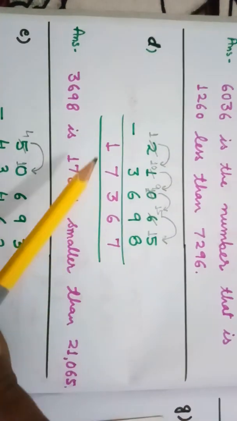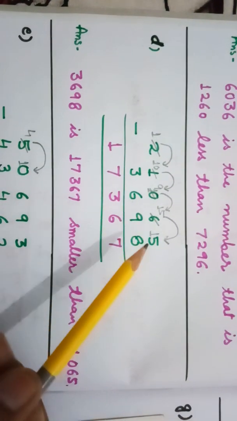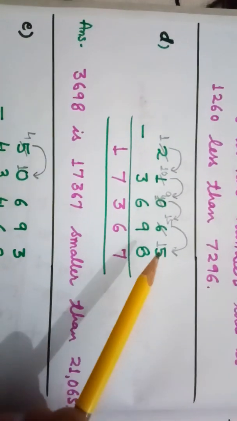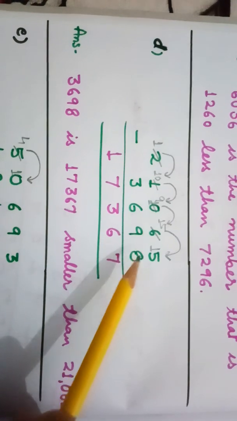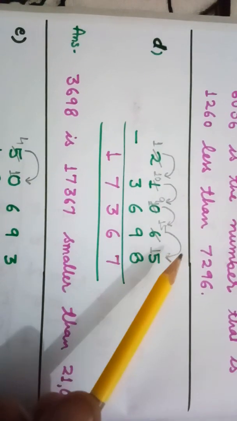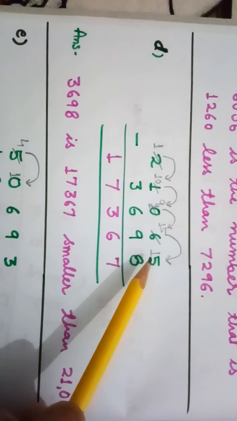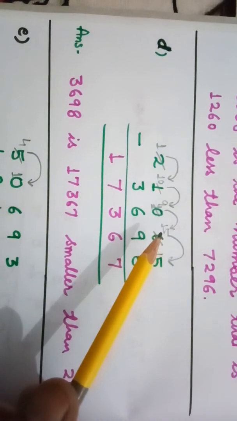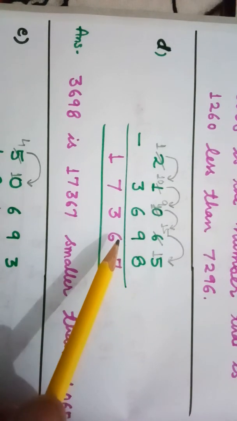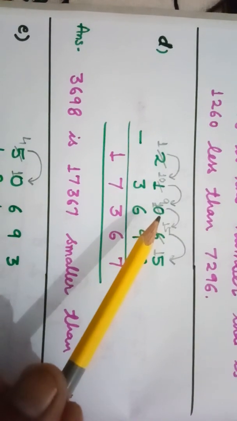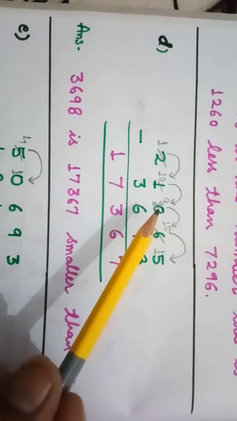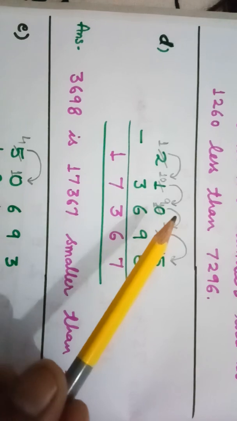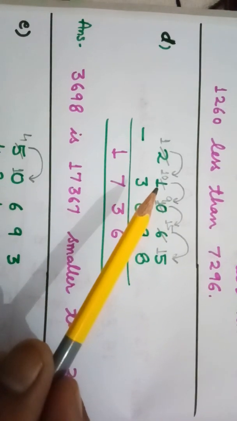We are subtracting 21065 and 3698. 5 minus 8 is not possible, so 1 ten will be borrowed from 6. So now it is 15. 15 minus 8 is 7, and this 6 will become 5. So 5 minus 9 is not possible. That is why 1 ten will be borrowed from 0. So 0 cannot give anything, so this 0 will get 1 ten from here.